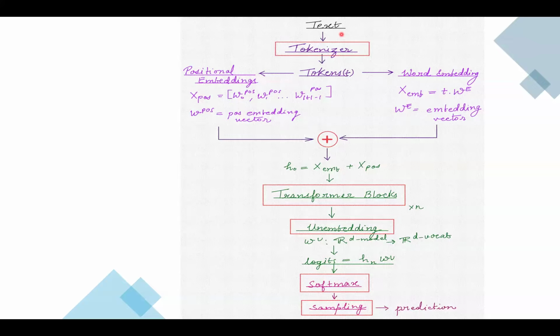So once we have given the text to the tokenizer, the primary task of the tokenizer is to basically tokenize this text into some known tokens which it has already learned, or which are in the vocabulary of the large language model. And in that way, we get the tokens. Now, one other thing which I would want to highlight here: this token T is a vector, not of the actual word token.